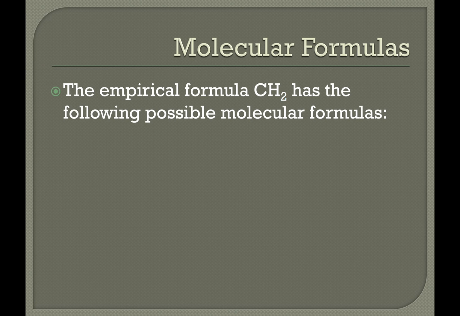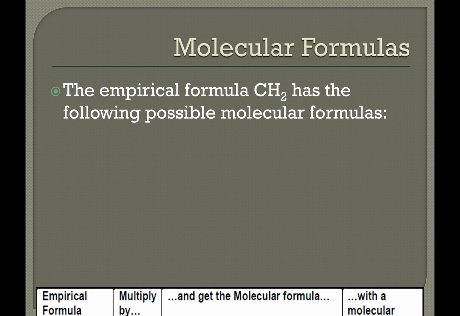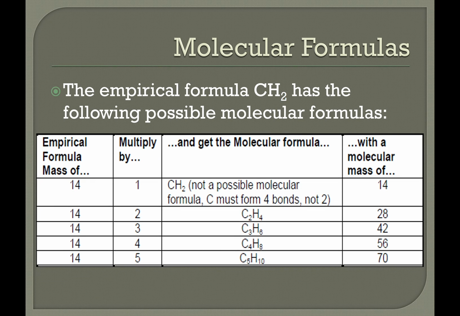So the empirical formula CH2, which we'll get into a lot more when we get into organic, has a few different molecular formulas. CH2 by itself, as the empirical formula, has a formula mass of 14, 12 from the carbon and 2 from 2 hydrogens. If we multiply that by 2, not only do we double our mass here from 14 to 28, but we double the number of elements that are in the formula.